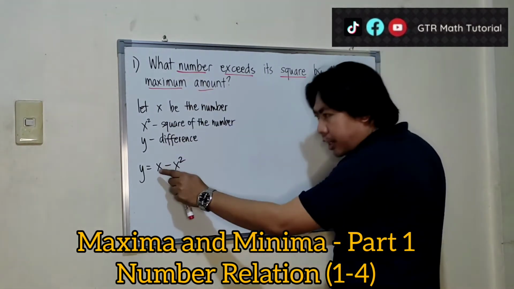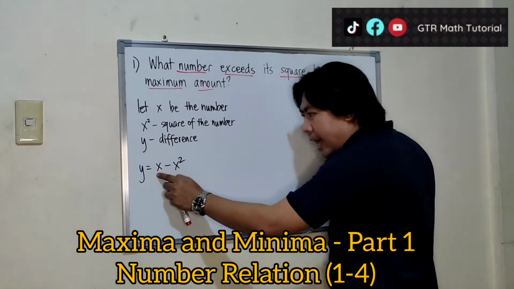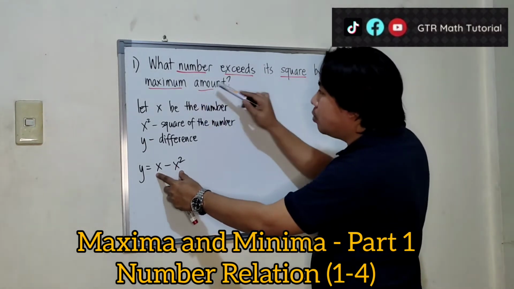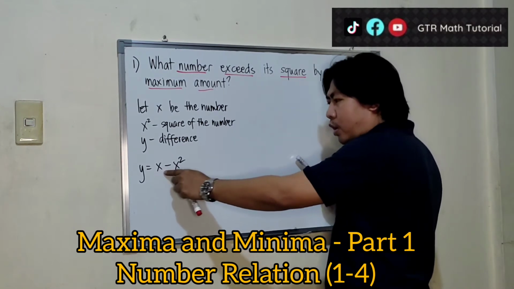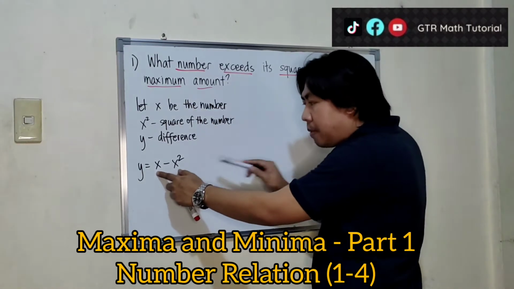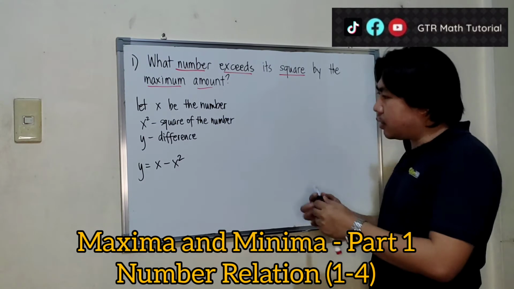So what number exceeds its square by the maximum amount? We're going to solve for x. By maximum amount, just get the derivative and then solve for x.